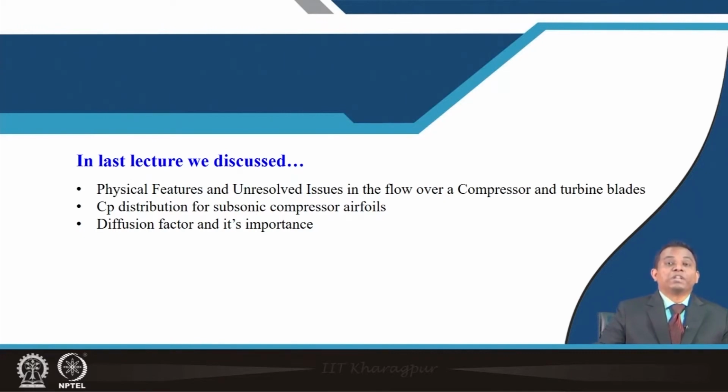Many times people use the diffusion factor as a parameter, and based on that assumed number they calculate the number of blades required for both stator and rotor. We will discuss this aspect in detail when we discuss how to decide the number of blades. So let's move ahead with the next.